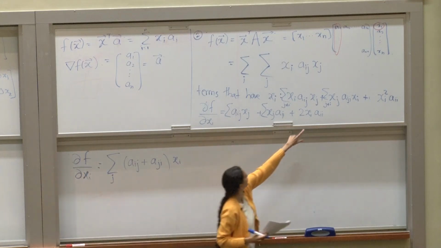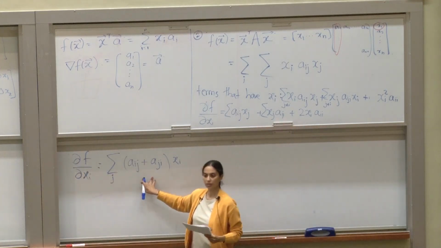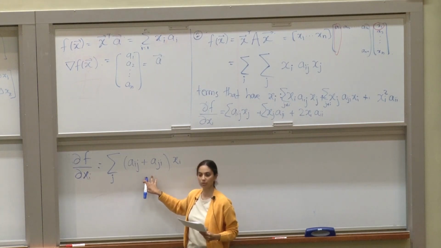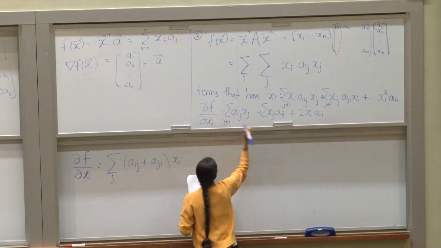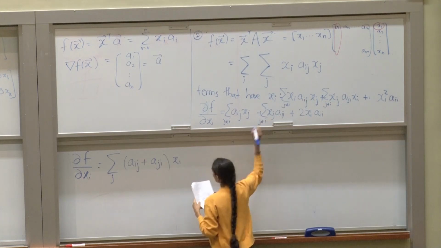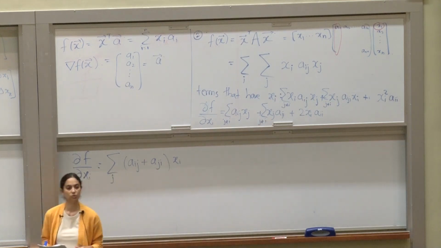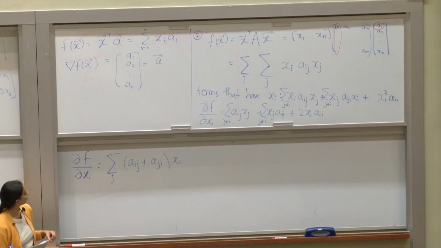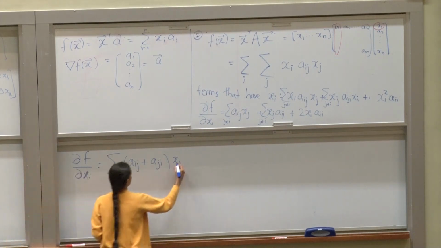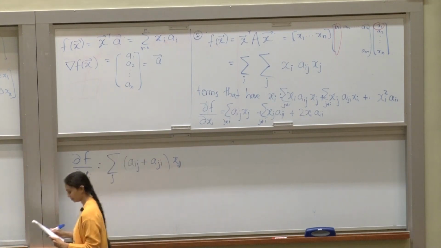I'm basically pulling this into this and allowing j to be equal to i. Right here I had j not equal to i. So I can write it in this concise format. Okay? Yeah? Is it xj? Yes, it should be xj. Ah, thank you.